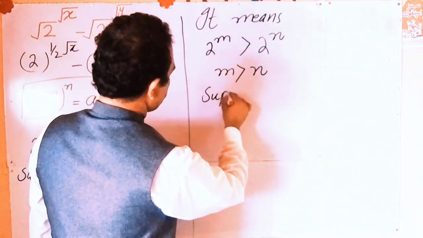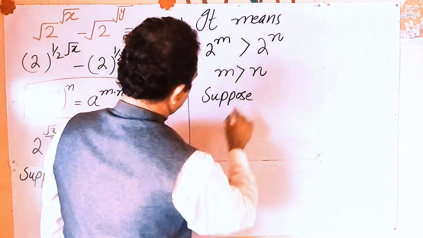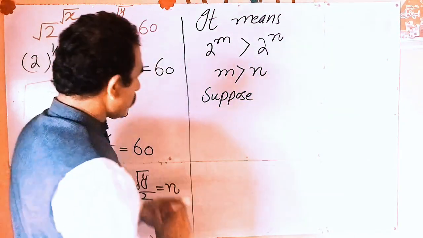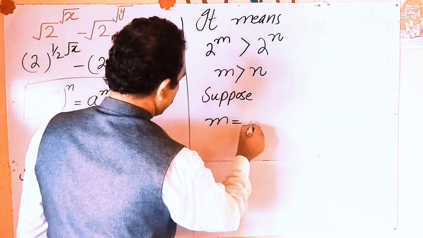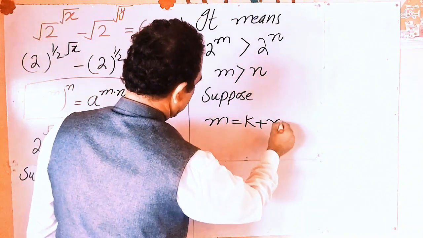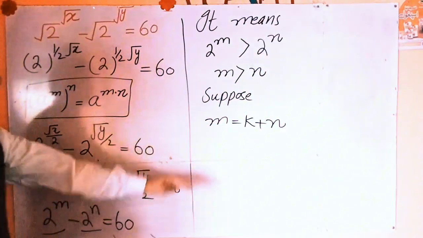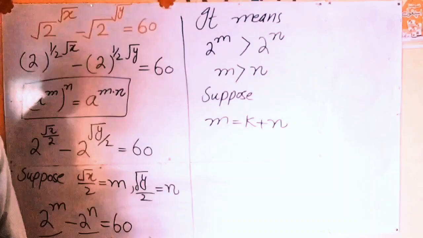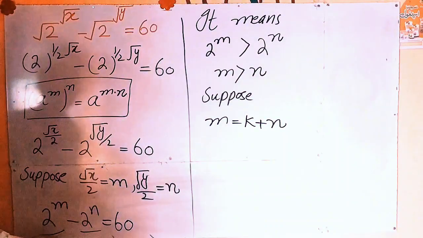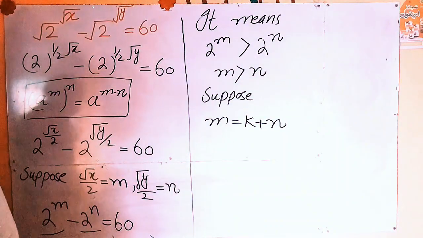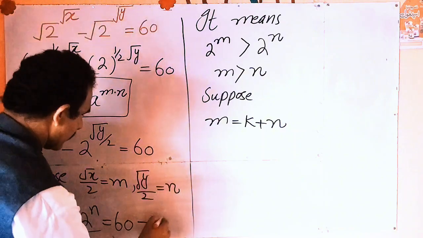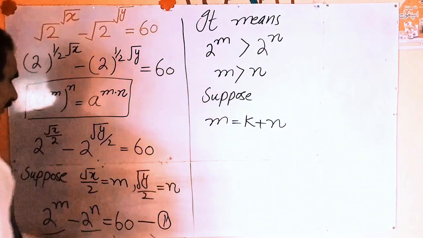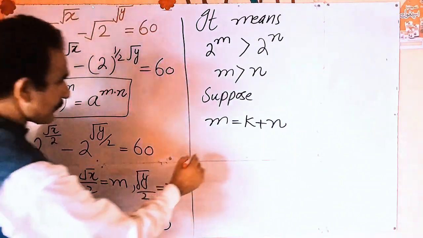We suppose m is equal to k plus n. It means we have the value of m. That is equation 1.